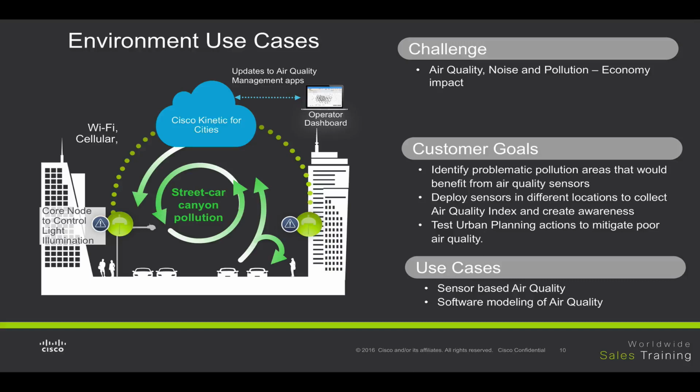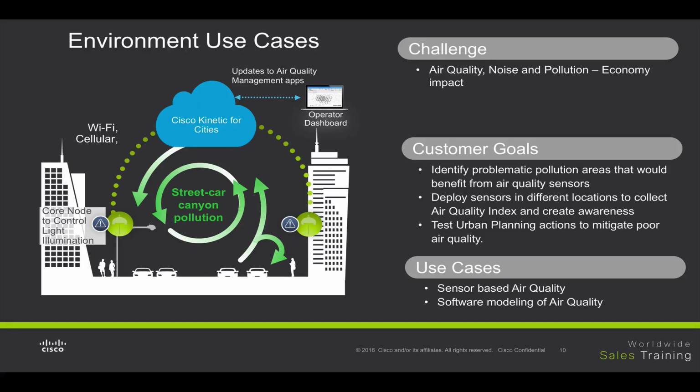Environment. Air quality, noise, and pollution are issues which cities want to deal with right away, as they impact the economy of the city. For example, the city of Copenhagen wants to be carbon neutral by 2025. Cities can enforce strict smog emission rules, and they can also reduce the number of vehicles, but it doesn't give quick results.